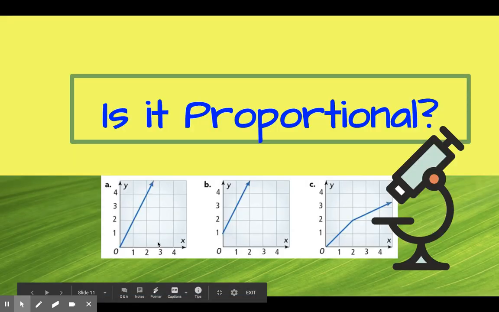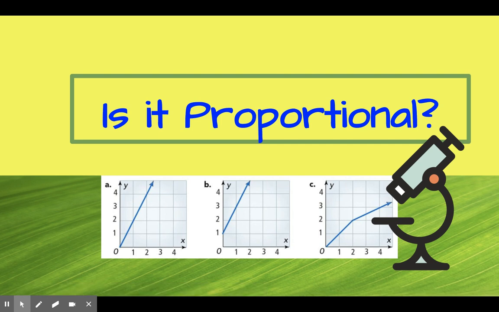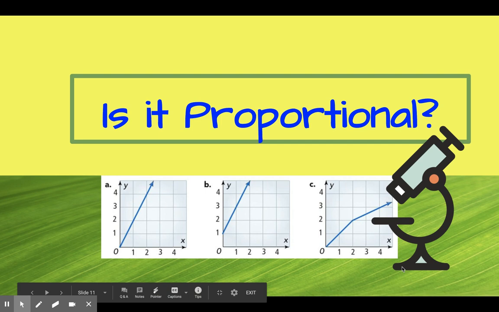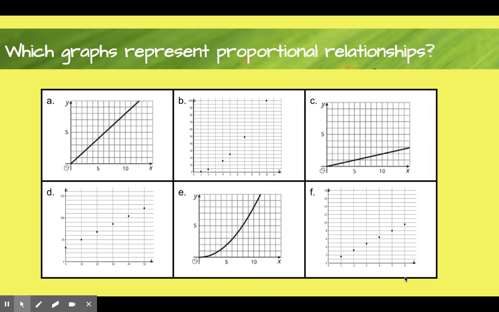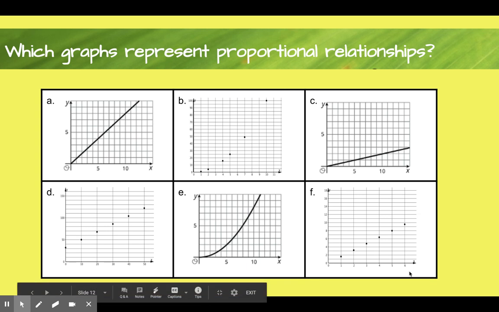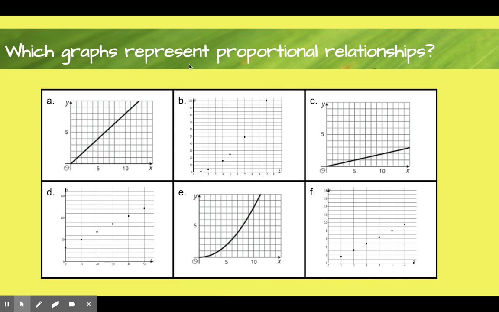We're going to do a little activity called, Is It Proportional? I'm going to ask that you actually respond to each one of these in the chat. So let's start with our examples. We have A, B, C, D, E, and F. Remember, this says which graphs represent proportional relationships. In order for a graph to be proportional, it has to go through the origin.